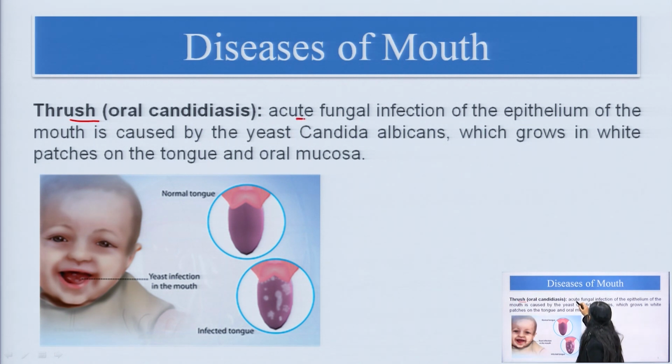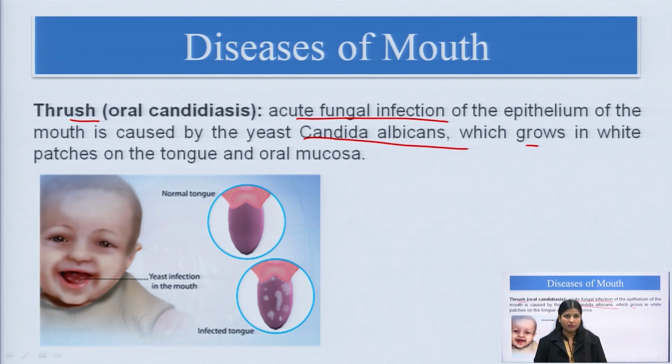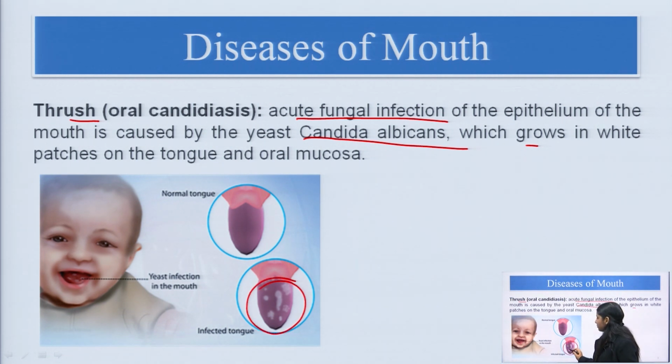It is an acute fungal infection in the epithelium of the mouth, and it is caused by the yeast, the fungi, Candida albicans, and it grows in white patches. The white patches we can see on the tongue or the oral mucosa. Here we can see the infected tongue. So, this is also one of the problems we are seeing in the mouth as part of infection.